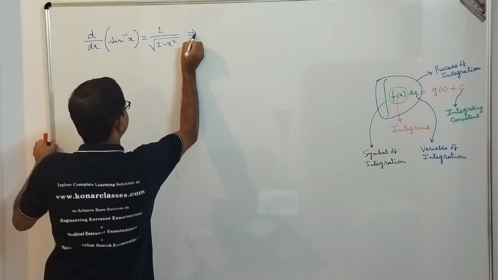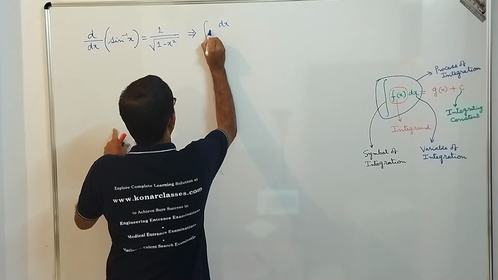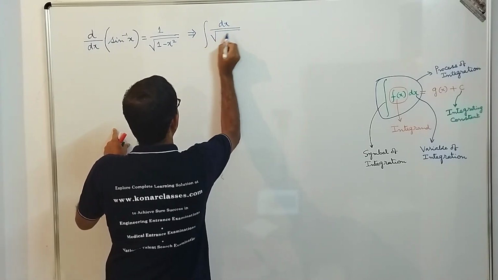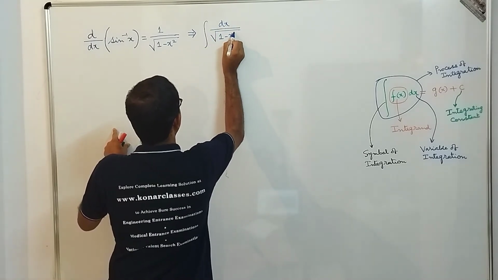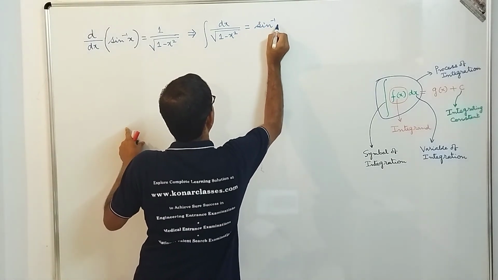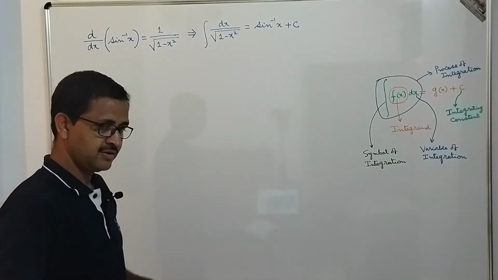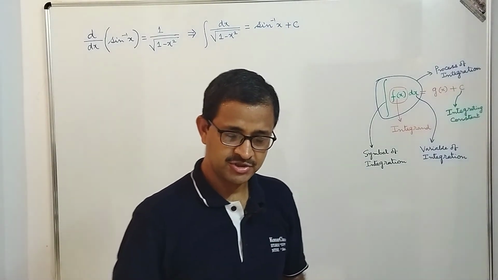So that implies integration of dx by square root of 1 minus x square is equal to sin inverse x plus c. Okay, got it?